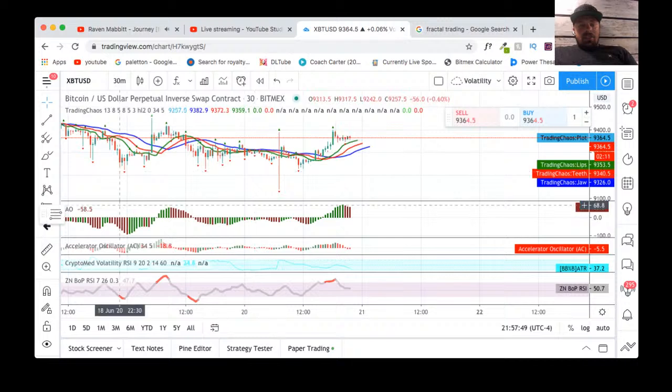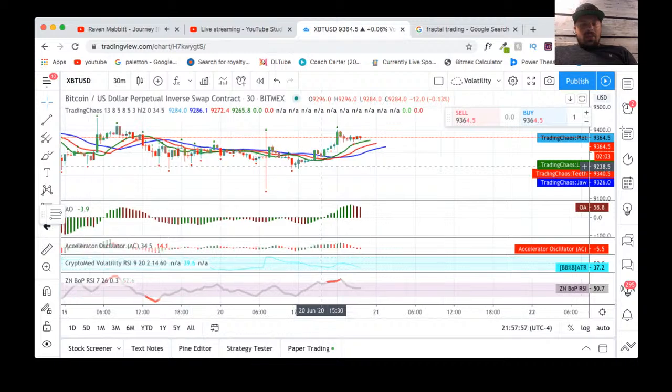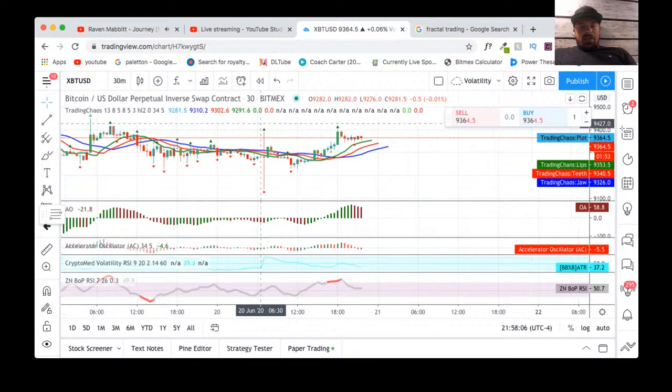So look here, a lot of times with Bitmex, you have these types of candles here. I don't know if it's market manipulation or what it is, but it likes to do funky things before there's a big move.